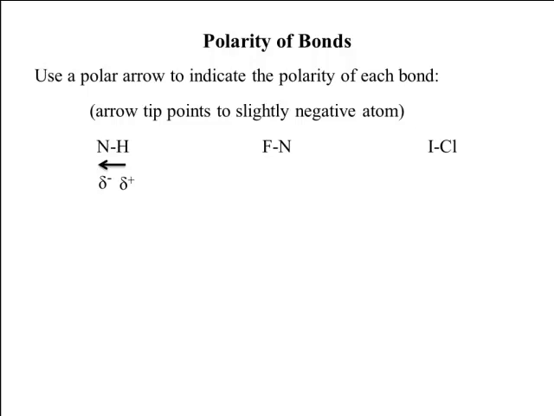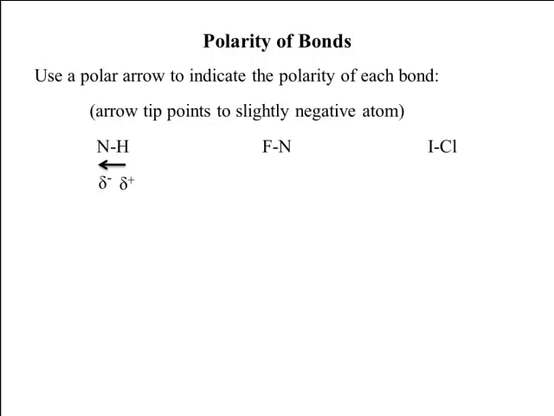Well, nitrogen has the greater electronegativity, so we draw an arrow pointing towards nitrogen. Then we label the nitrogen end with a lowercase delta negative, and the hydrogen would be delta positive, representing a slightly negative and a slightly positive charge. We don't want to just call them positive and negative because that implies they've actually formed ions, and they haven't. They're just not sharing the electrons equally.